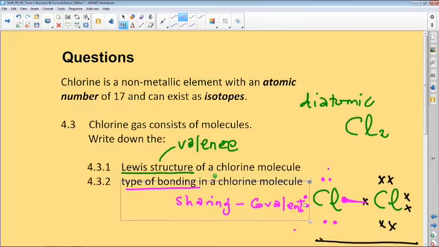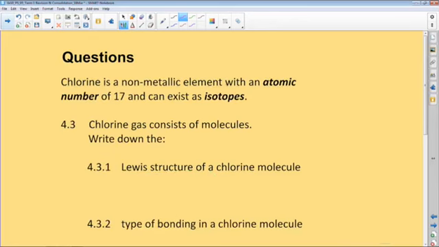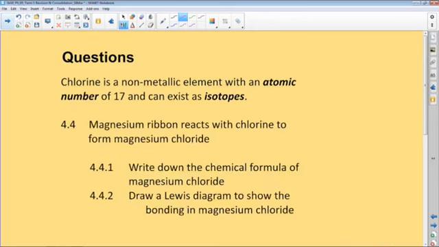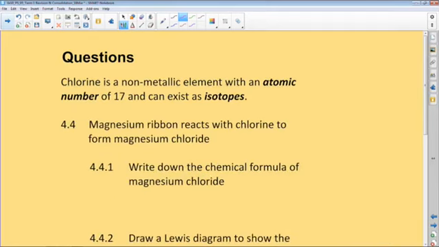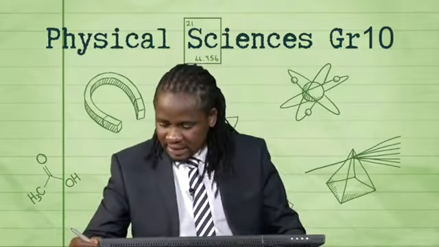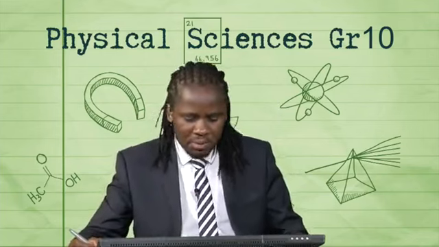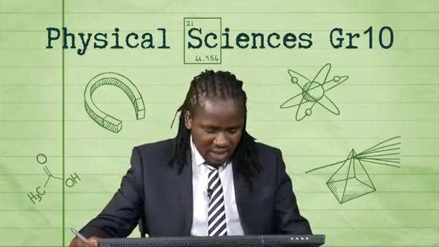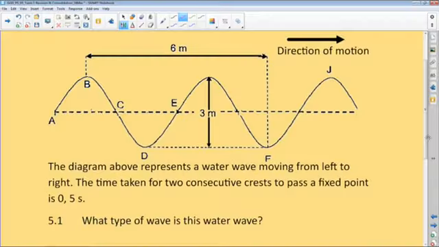Now, let's look at the other aspect which we discussed in this term, which has to do with wave, sound, and light. A lot of questions come on interpretation. In this case, you are given a diagram which represents a water wave moving from left to right. That's the direction of motion.